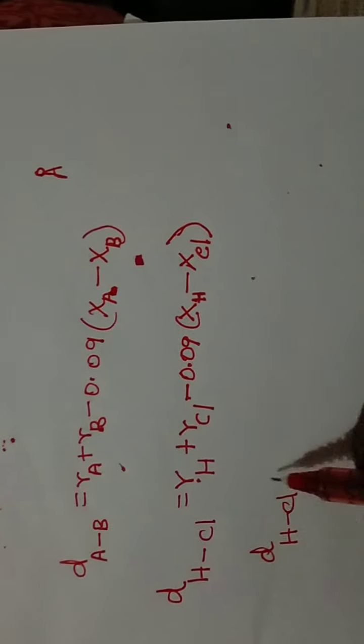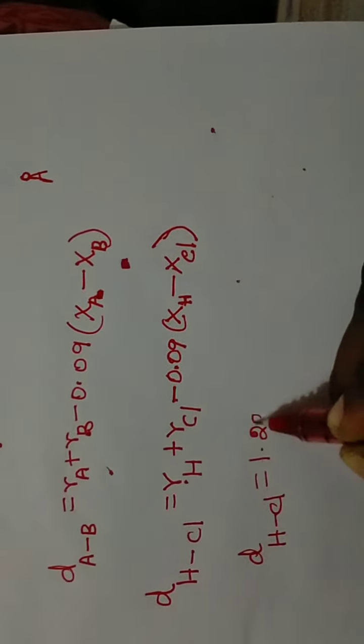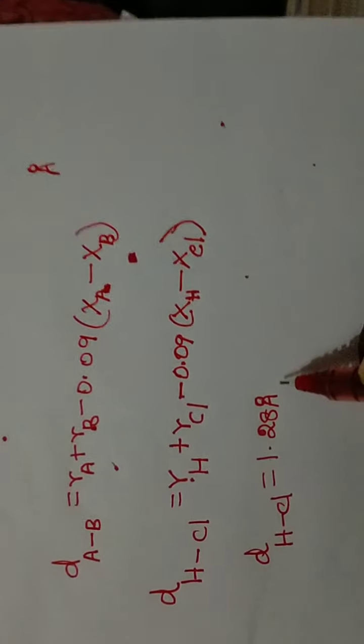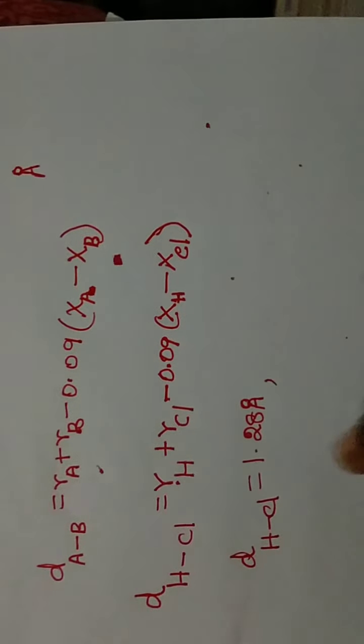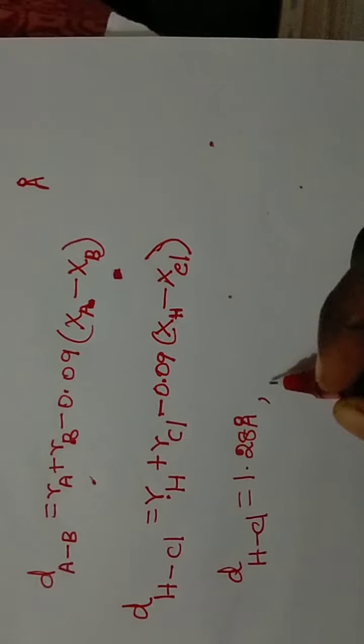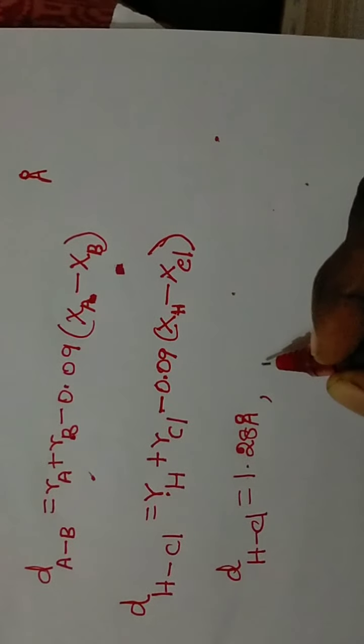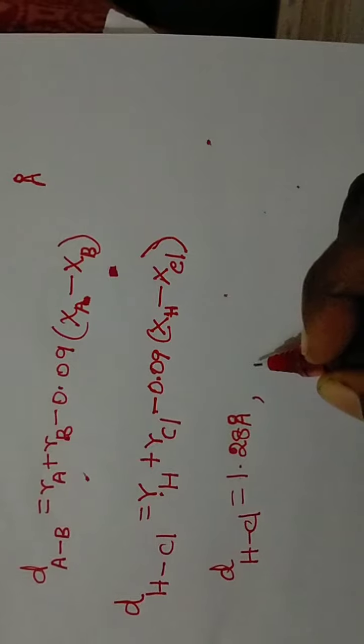D_HCl value is 1.28 angstrom. They have already given the experimental data. It's already in your book. So you see that one, 1.28 angstrom. Then the covalent radius of chlorine is 0.99 angstrom.